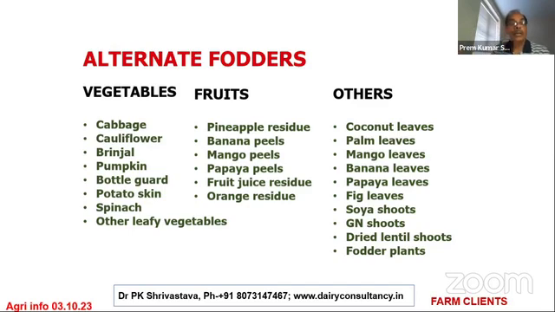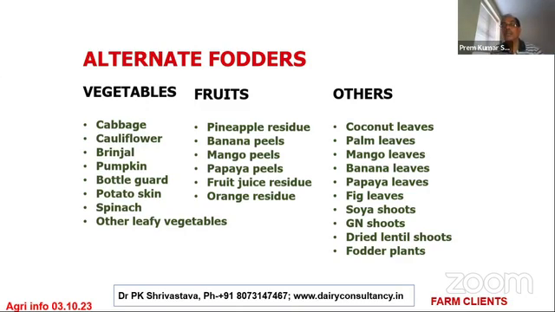Look at that. It could be pumpkin, bottle gourd, anything, the waste from our sabji mandi, or pineapple residues, or waste from the shops, generally the juice shops, mango peels, papaya peels. All those things go into the ration of the animals.